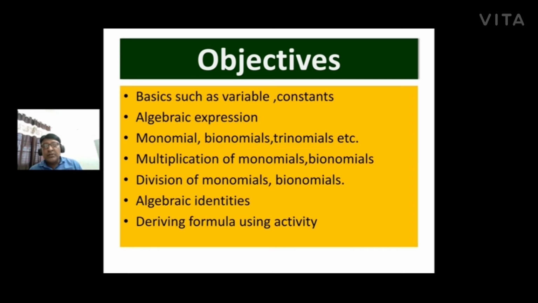We will also know the division of monomials and binomials, and what an algebraic identity is, and how to derive the identity using an activity. So we will be discussing these things one by one in separate videos.